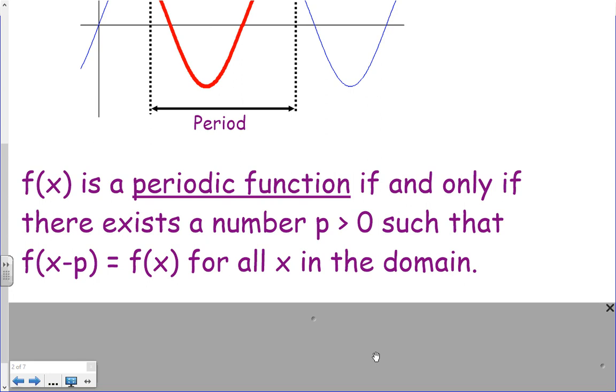In fact, if we go back to chapter 1 and we think about transformations of functions, this is just a horizontal translation of your function. f of x minus p would mean take your function and shift it p units, and you end up with the same thing that you started with. It's equal to f of x. So if you can take your function, shift it p units to the right, and you end up with the exact same function you started with, then that means that you've got yourself a periodic function.